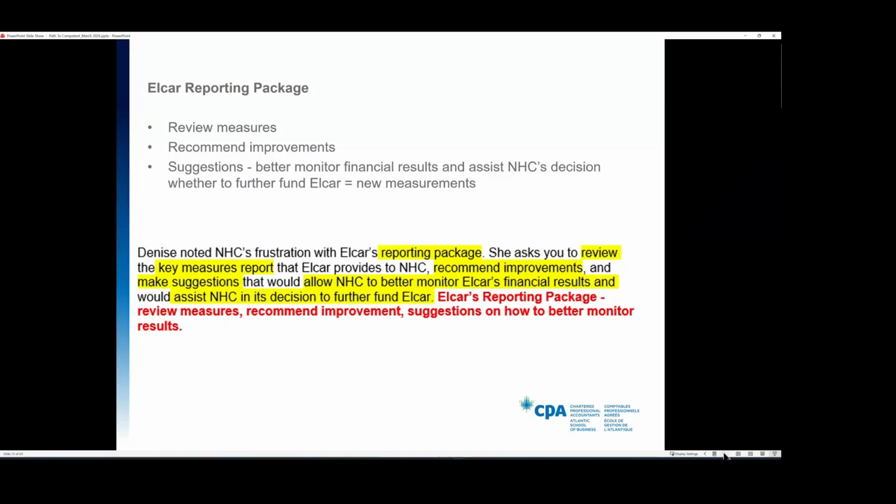So I need to review the measures. I need to provide recommendations for improvements. Plus, they're also asking us to provide suggestions on how they could better monitor the financial results and help NHC in making a decision of whether to further fund Elgar.